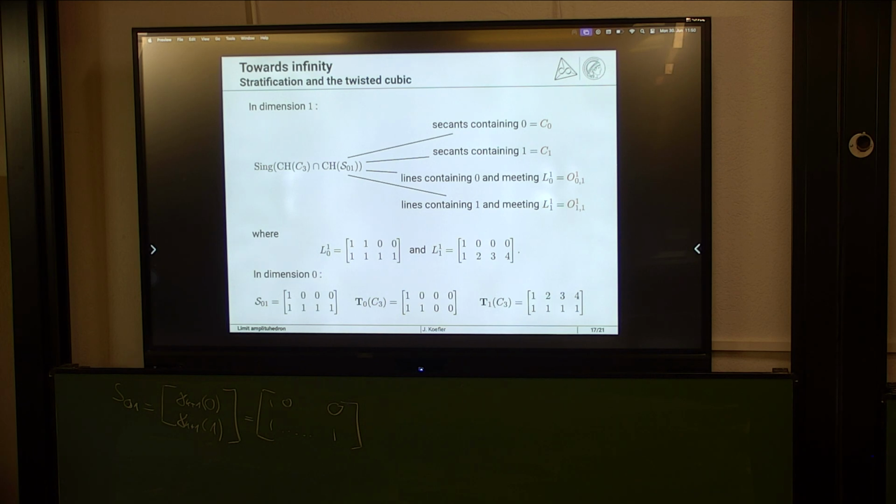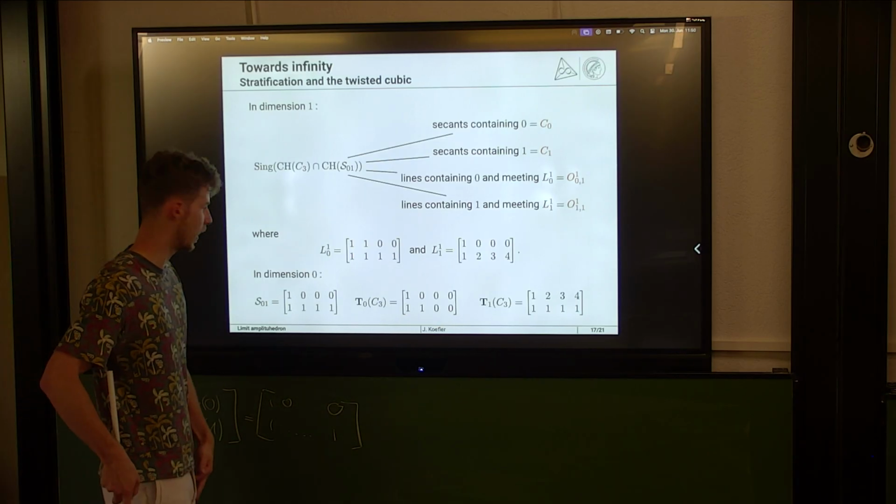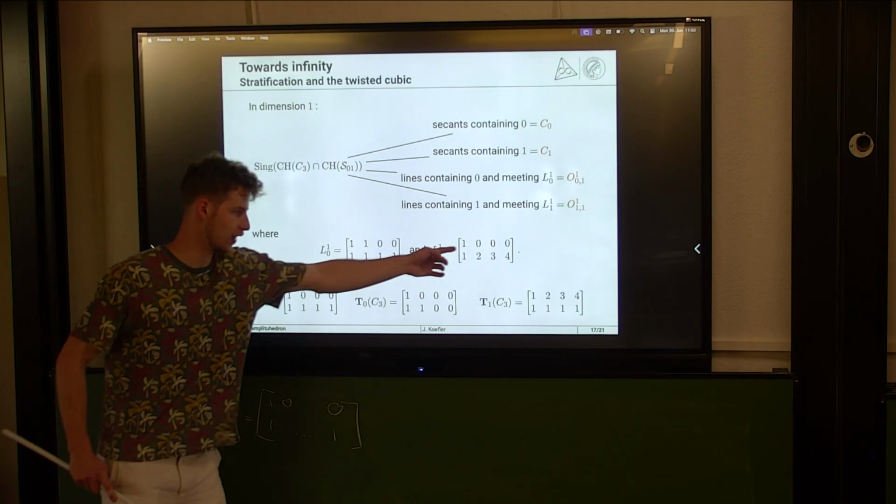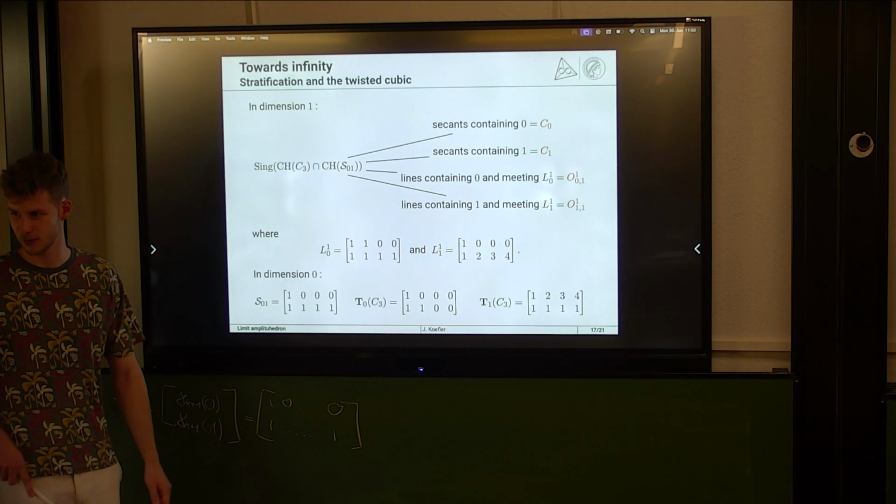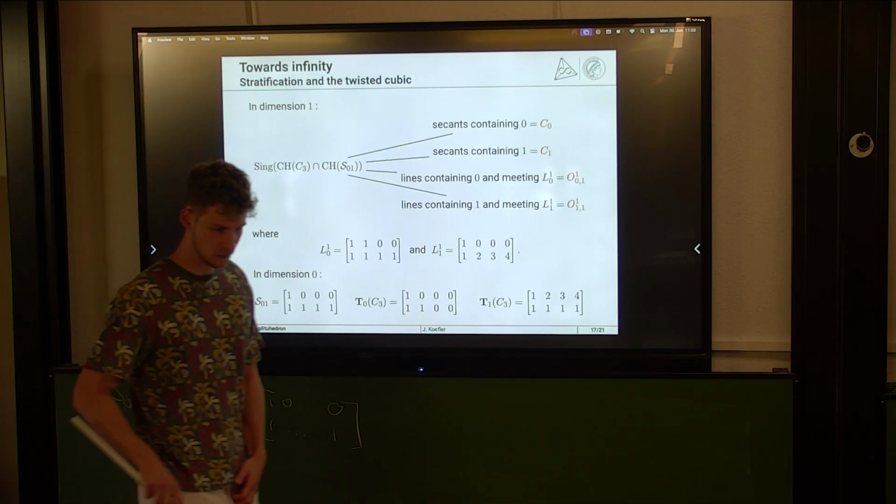I fluently switch between the affine patch of the projective space and the full point in the projective space. It's the same. This one then is also explained. It's the only one. Very good.